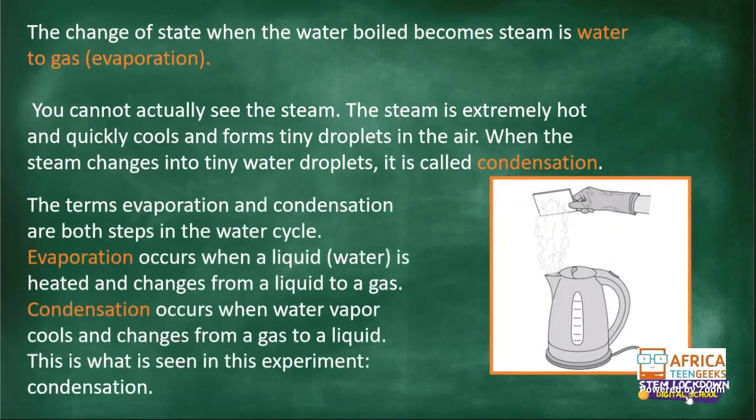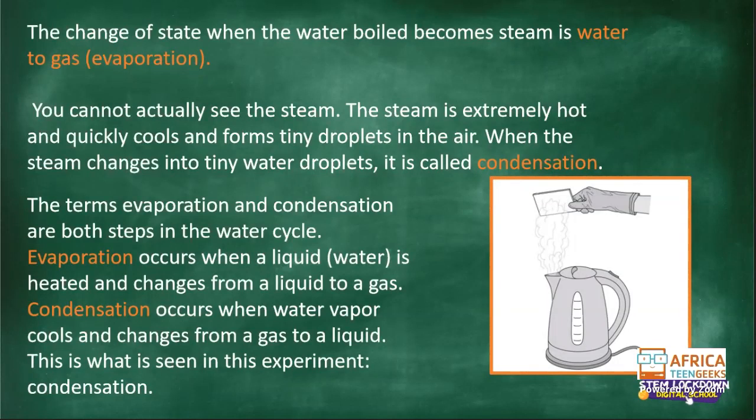The terms evaporation and condensation are both steps in the water cycle. Now, evaporation occurs when a liquid like water is heated and it changes from a liquid to a gas, exactly what you are seeing here. This is evaporation. Condensation occurs when the water vapor cools.